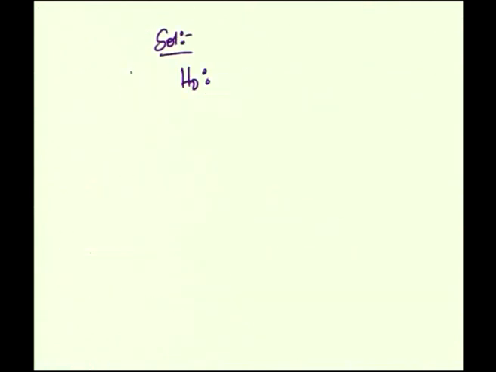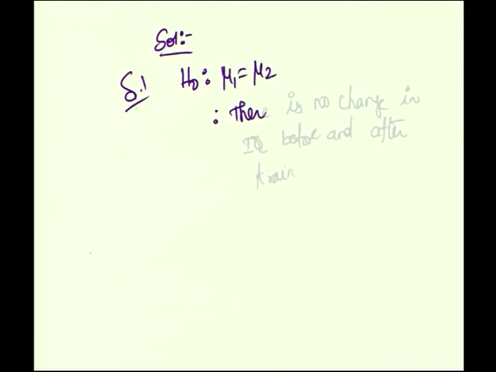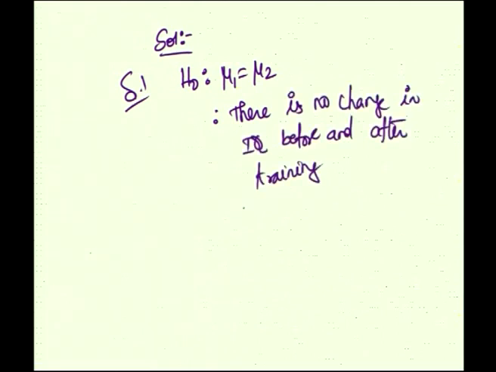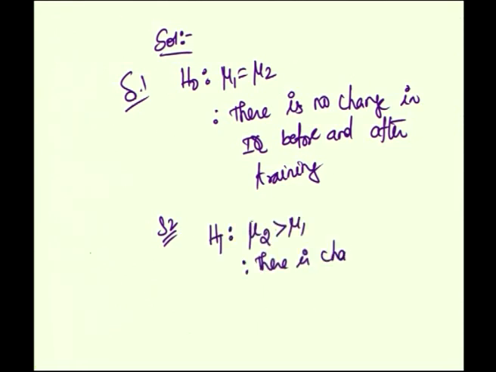H naught is mu 1 is equal to mu 2, that is, there is no change in IQ before and after the training program. And H1 is such that mu 2 is greater than mu 1, that is, the IQ has improved after training.